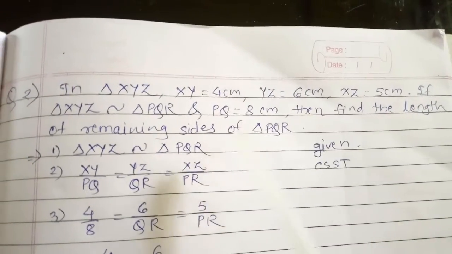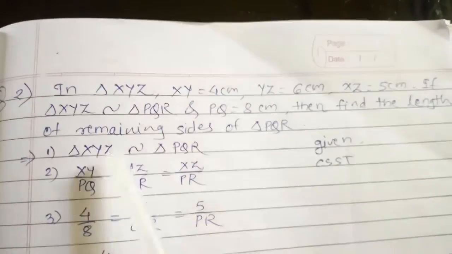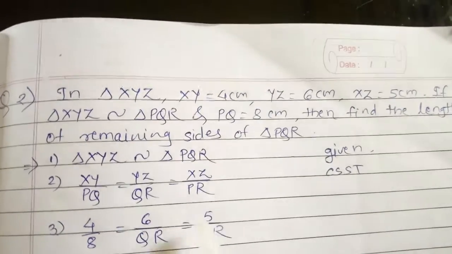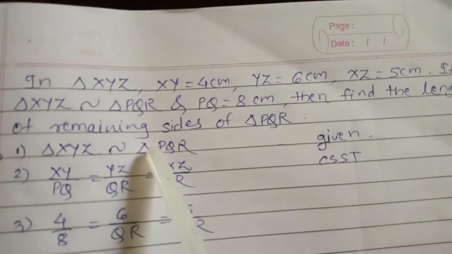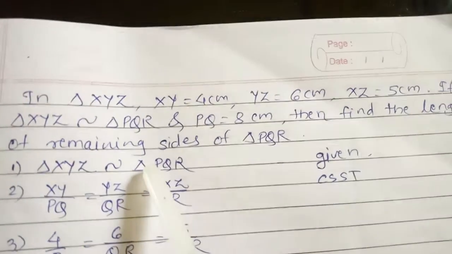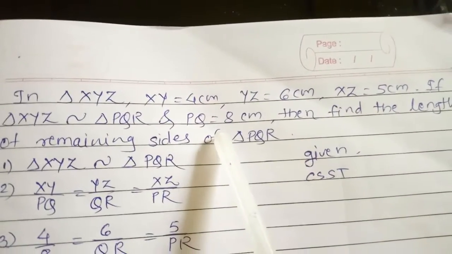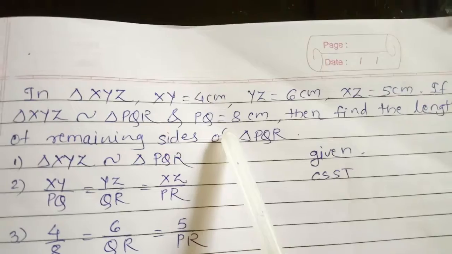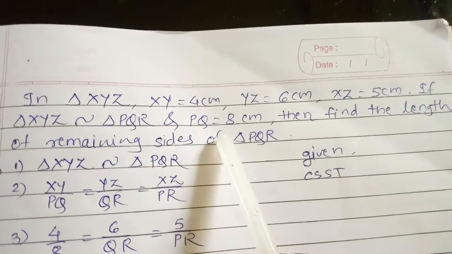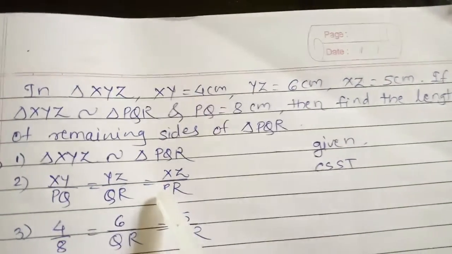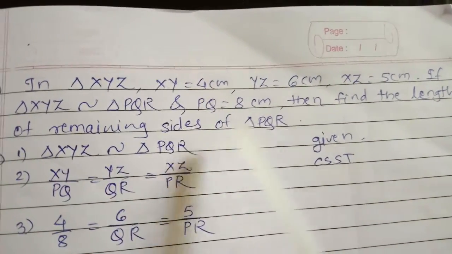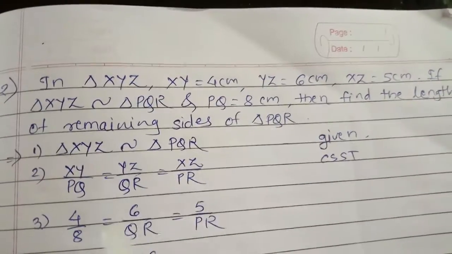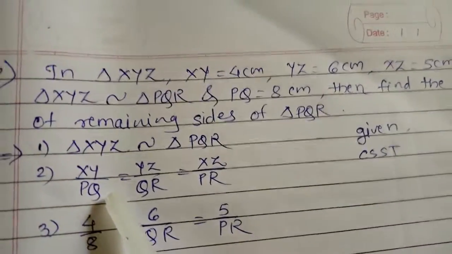So see, in this example it is already given that the two triangles are similar, and we learned that if the triangles are similar, their sides are in proportion and their angles are congruent. But here we are given one side and we have to find out the remaining sides. So first we are going to find out the sides. So here triangle XYZ is similar with triangle PQR, that is given. So we are going to write the sides in proportion.